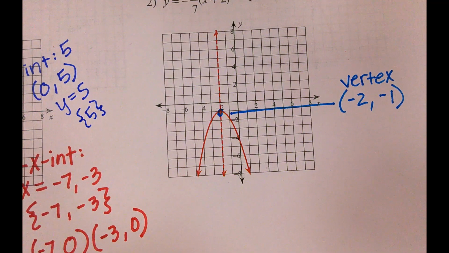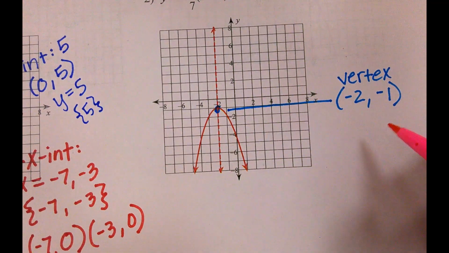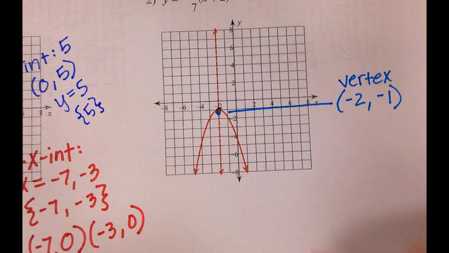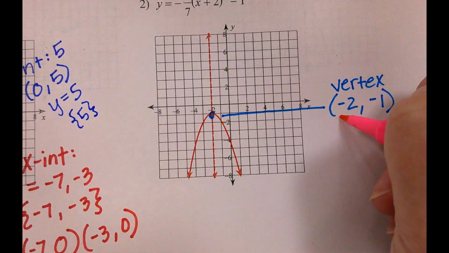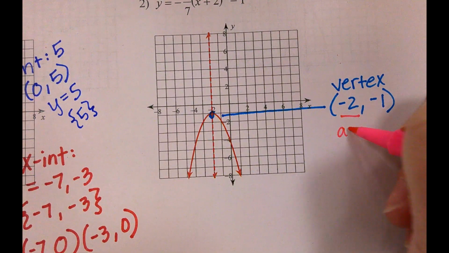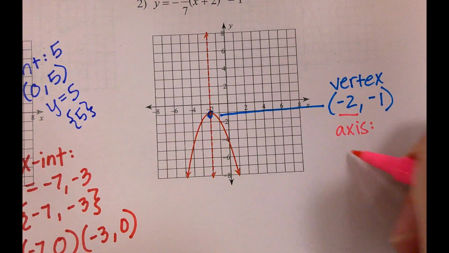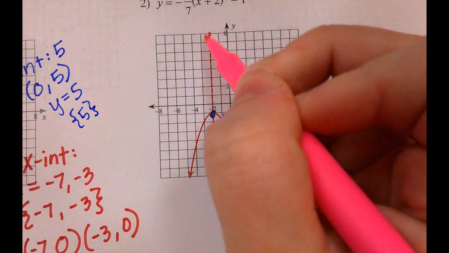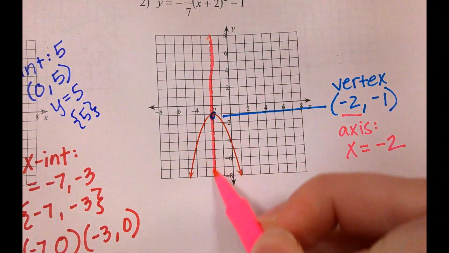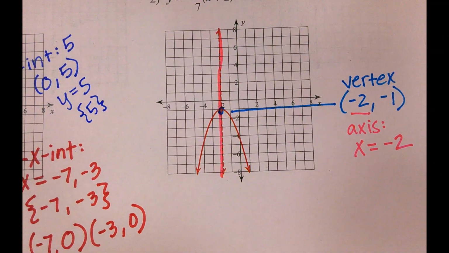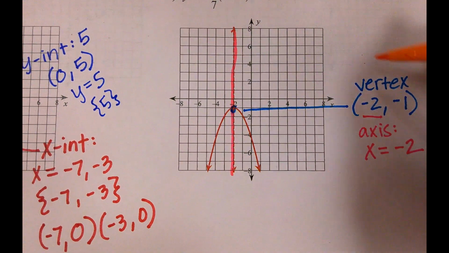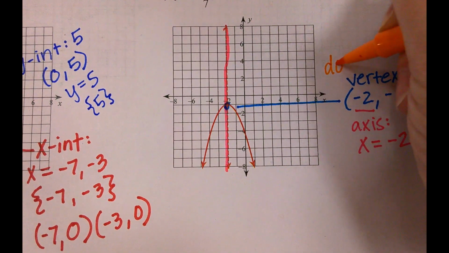What about my axis of symmetry? x equals -2, the same x value as the vertex. And that is our dotted line right here. Hey, what direction is this one opening? Down. Good.